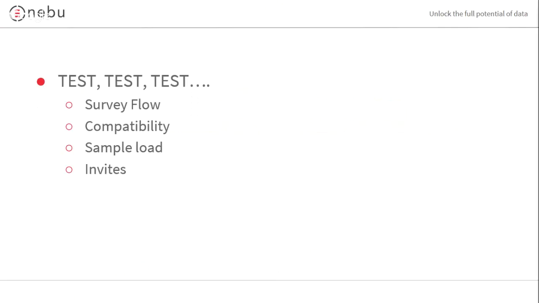As I said, there are tools in Nebu, but there are a lot of tools outside of that you might want to look at. There's plenty of things online for checking your screenshots in different browsers on different devices. Think of the combination of the amount of different devices, different operating systems, different browsers that can be used.